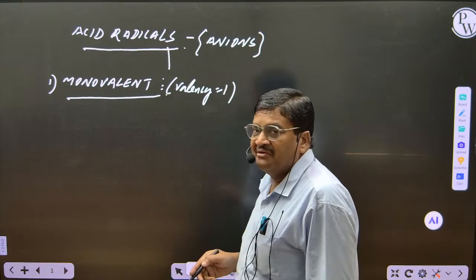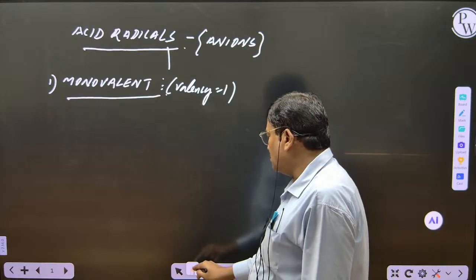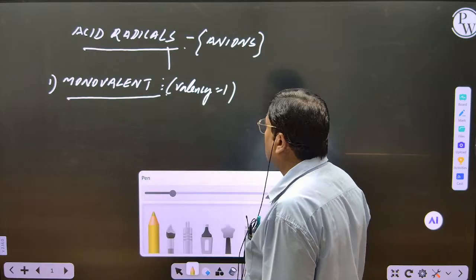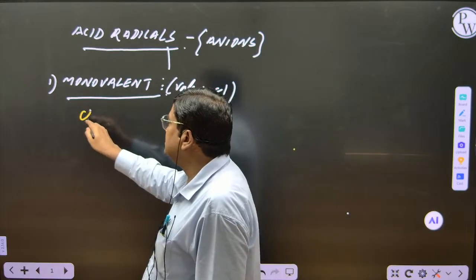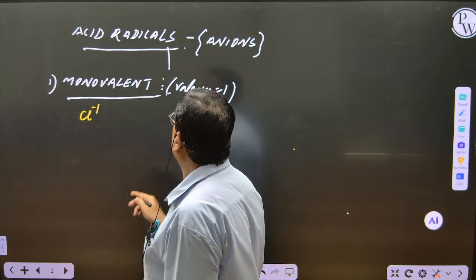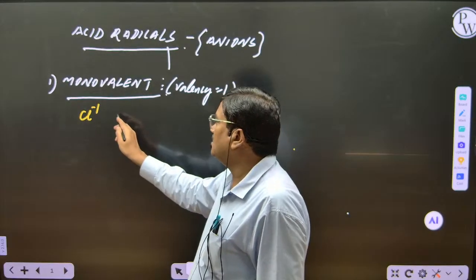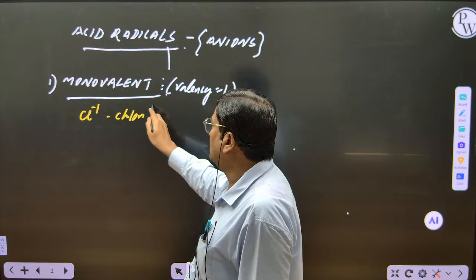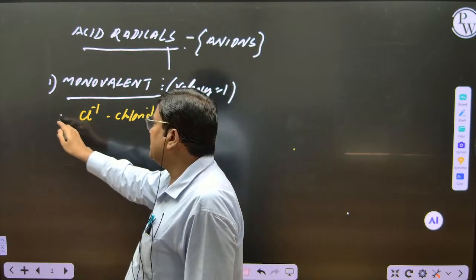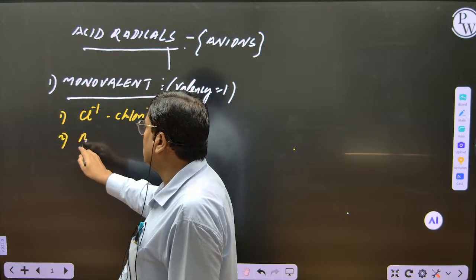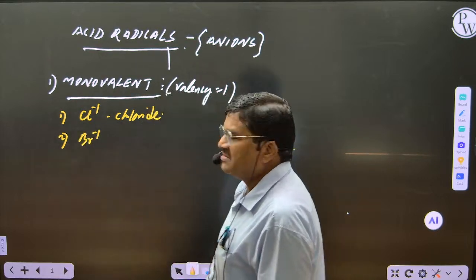Now what are the monovalent anions we are having? Chloride: Cl minus is chloride ion. Next write Br minus. So Br minus is what?